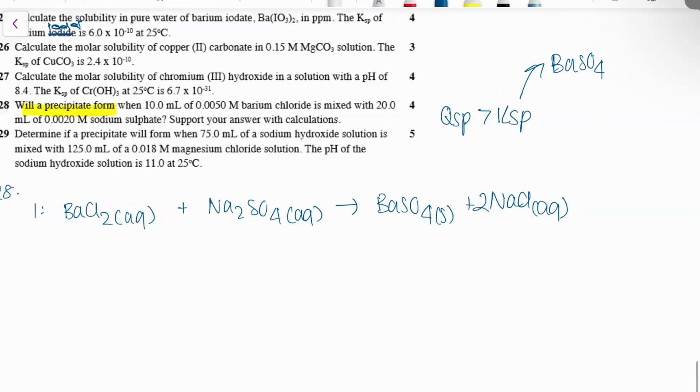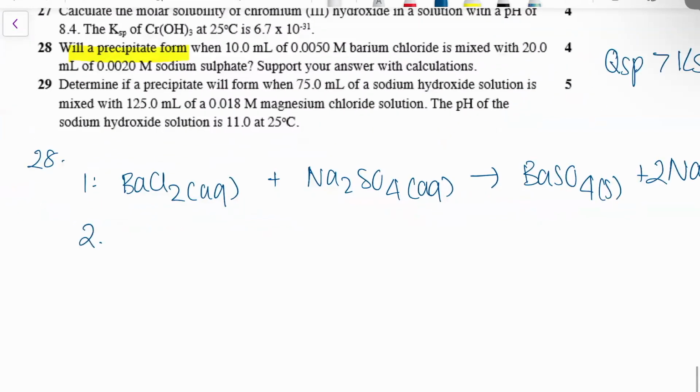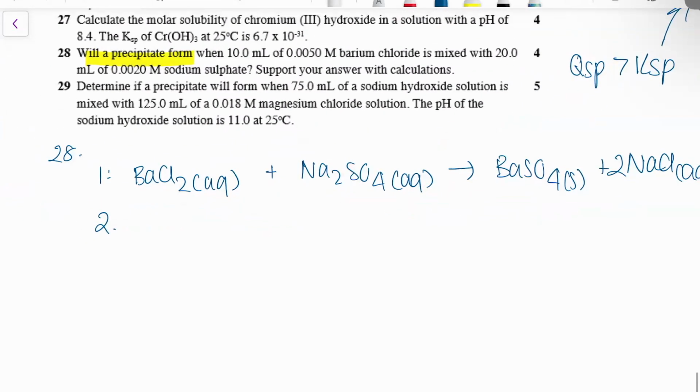So step number 2, when you're mixing solutions together, you are diluting it, because the moles have stayed the same, and then you're dividing by a bigger volume because you've mixed 2 volumes together. So we can use the dilution formula in this case. C1V1 is equal to C2V2.